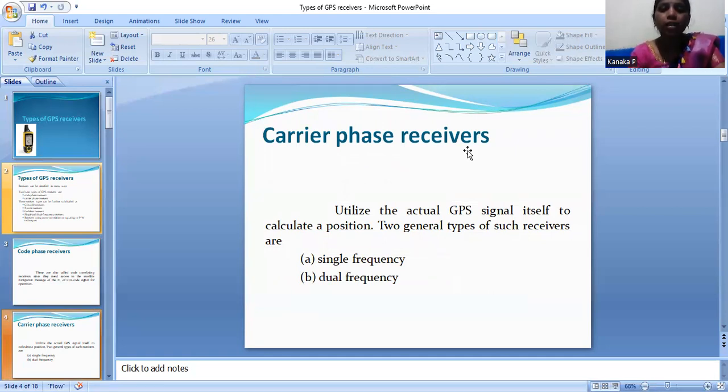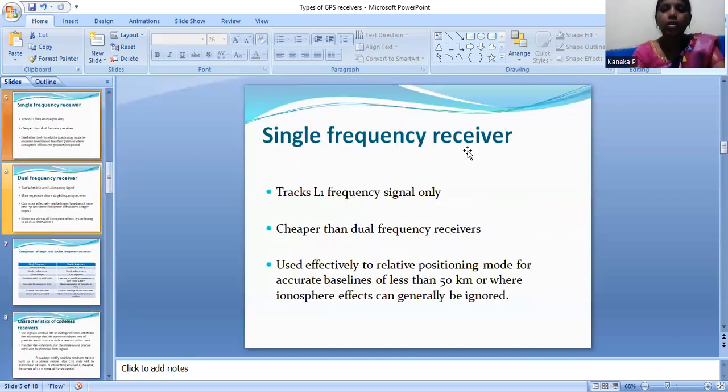Two general types of receivers are single frequency and dual frequency. A single frequency receiver tracks the L1 frequency signal only. It is cheaper compared to the dual frequency receiver, and is used effectively in relative positioning mode for accurate baselines of less than 50 kilometers, or where ionospheric effects can generally be ignored.